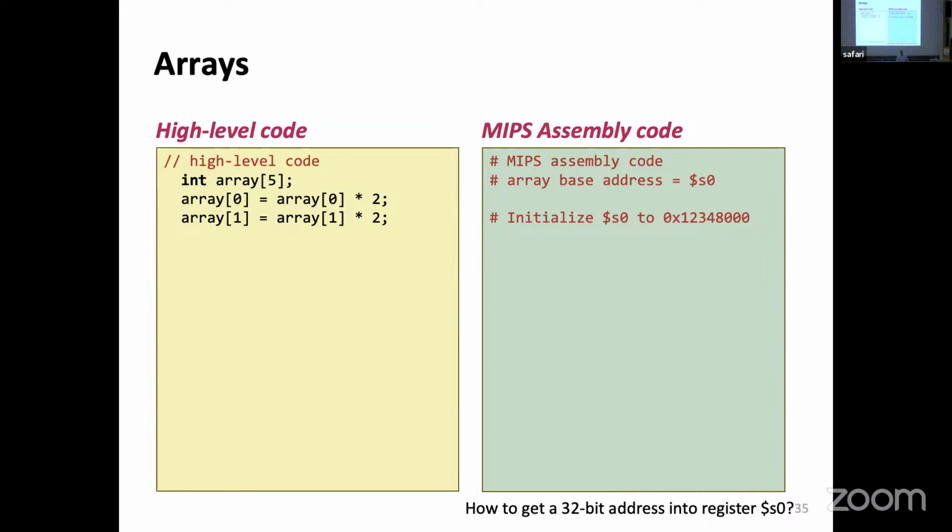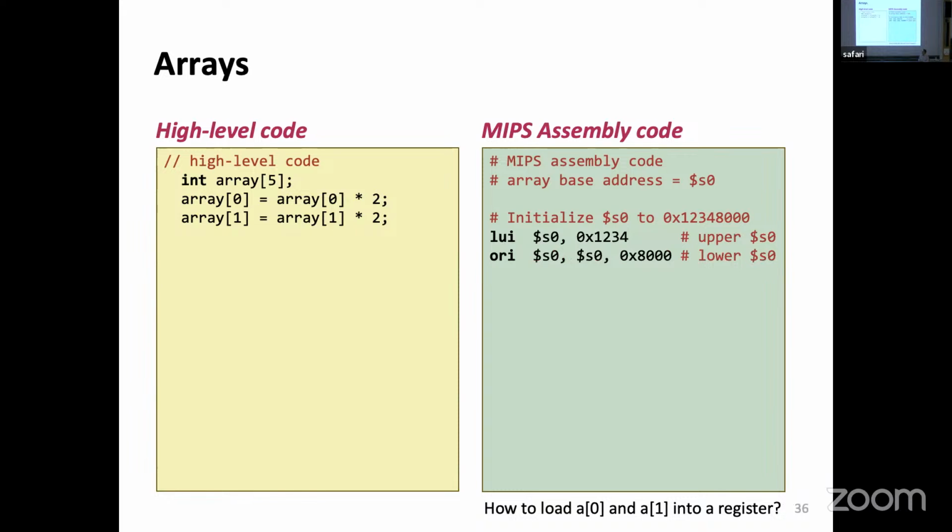How do I get 32 bits into a register if I only have immediates? I can do two things. I can load it and then shift it. I can load the first 16 bits to the lower part and then shift it by 16 and then do something. Or I can use something more clever.